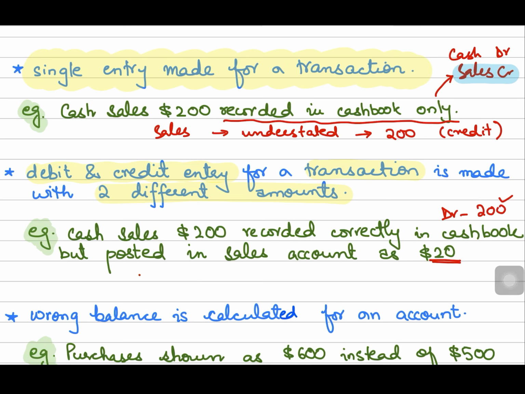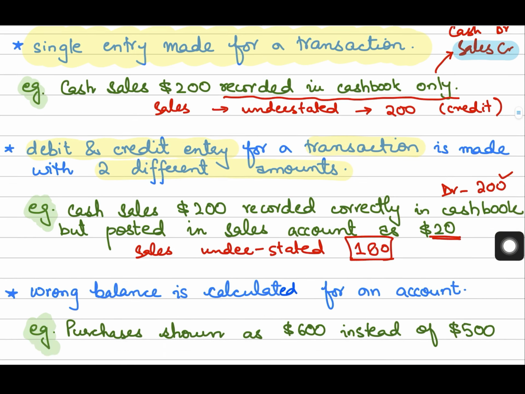So again, in this example as well, your sales will be understated by how much? By the difference, that is 180. Why 180? Because out of 200, 20 has been recorded, but 180 is not yet recorded. And since the amount recorded for that transaction in both the accounts is different, this error will be revealed by the trial balance as the entry is not balancing, right?